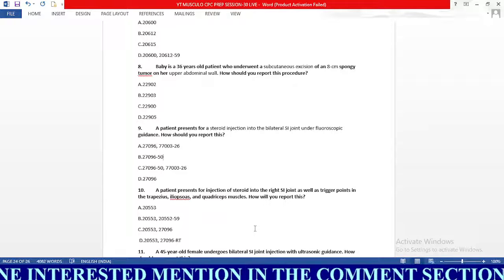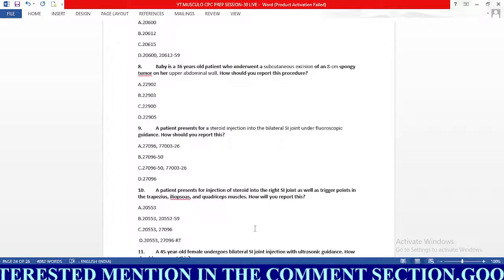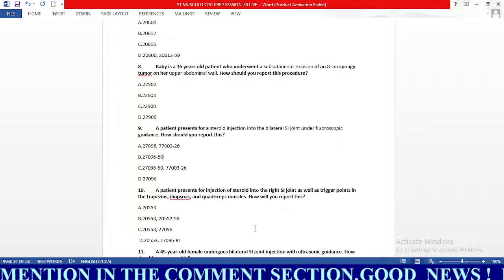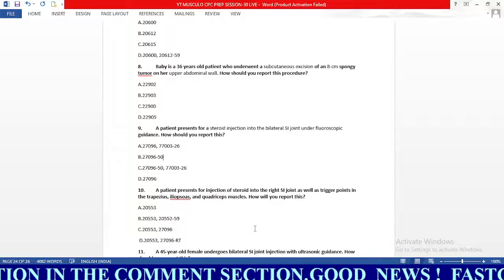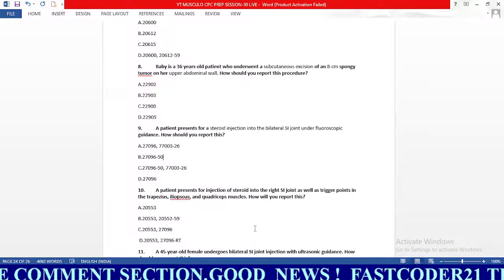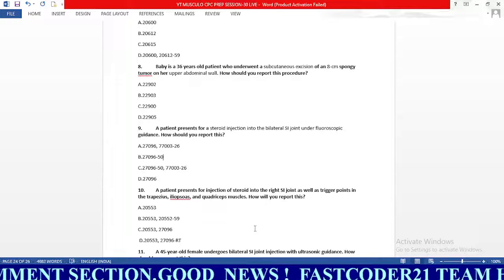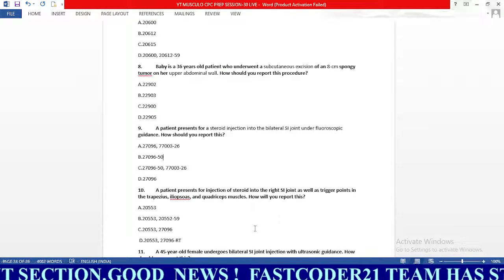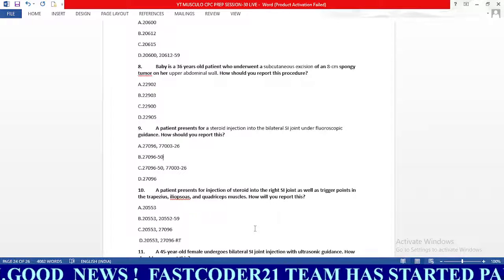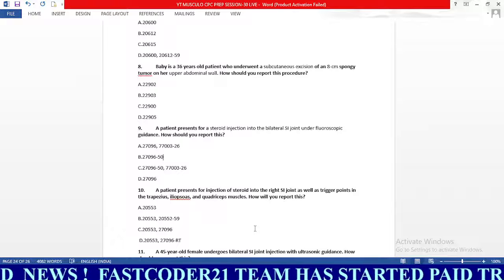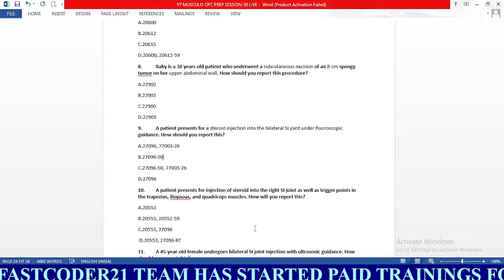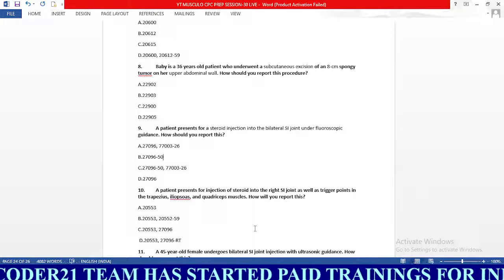In the CPC exam also it is like that. As soon as you see you must choose one answer, you need to find any guidelines related to that code so that you can code properly. So Sonal, now try this one, the 10th question.